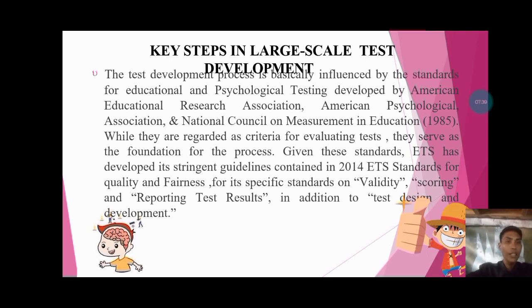While they are gathered as criteria for evaluating tests, they serve as the foundation of the process. Given these standards, ETS has developed its stringent guidelines contained in the 2014 ETS Standards for Quality and Fairness, with specific standards on validity, scoring and reporting test results, in addition to test design and development.